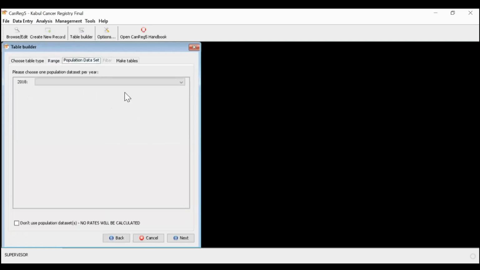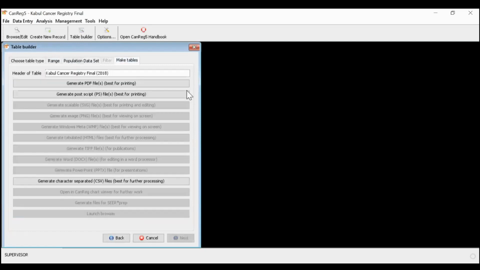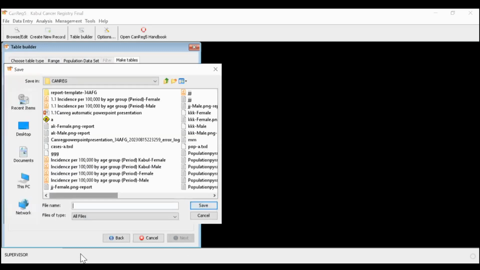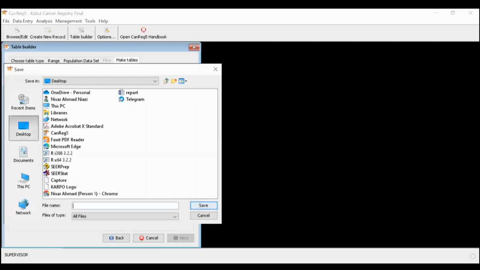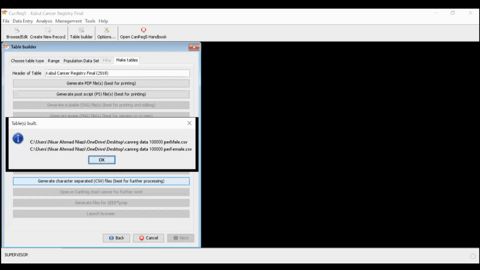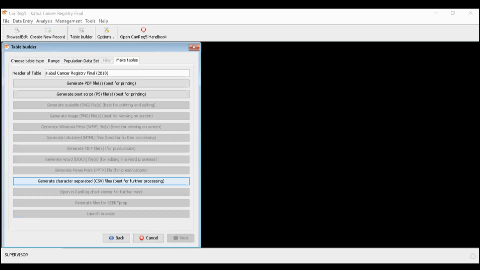After this, the population data set, we should select it from here and make a table builder and make tables. From here, we should make a PDF file, CSV file, and Excel sheet. It's necessary for Excel, to look at from here for the future process. And right now, second, save. After that, we should access our Excel sheet.